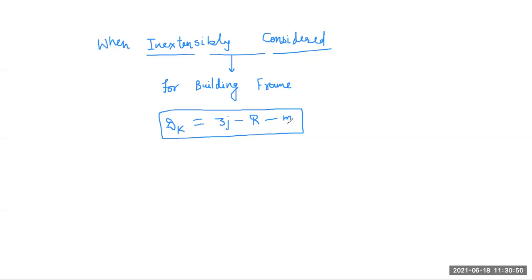Basically, here m is the number of inextensible members.